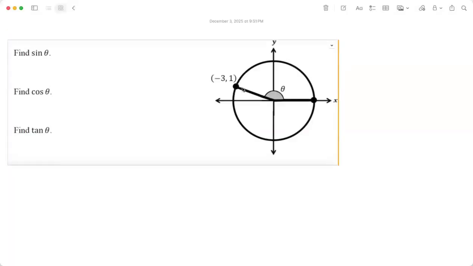Okay, how about this? Can you find the value of sine theta, cos theta for this one? Based on whatever we have studied, I'll try to find the video later, but go ahead and do this one. What is sine theta, cos theta, and tan theta? What is given? Something is given here. Can you use this to find sine theta, cos theta, tan theta?